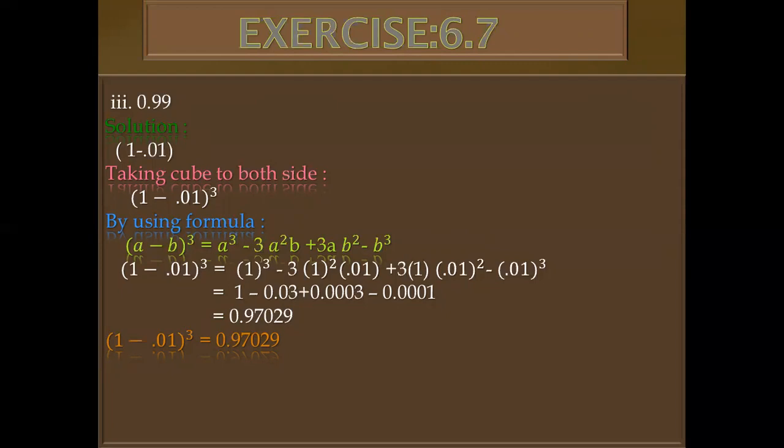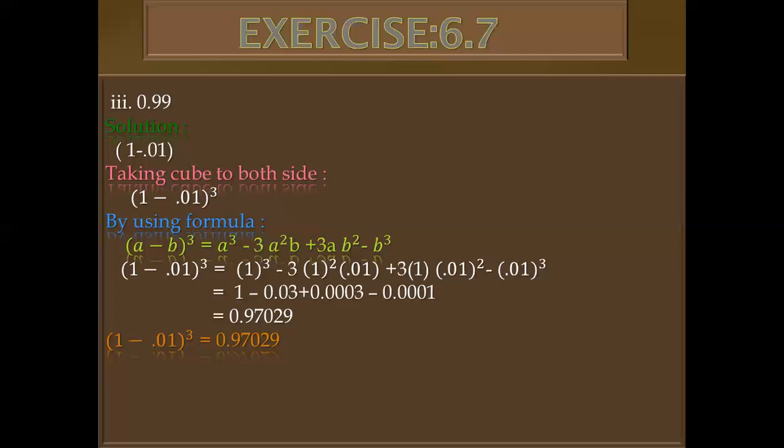A minus B whole cube is equal to A cube minus 3A square B plus 3AB square minus B cube. Now replacing A and B with 1 and 0.01.